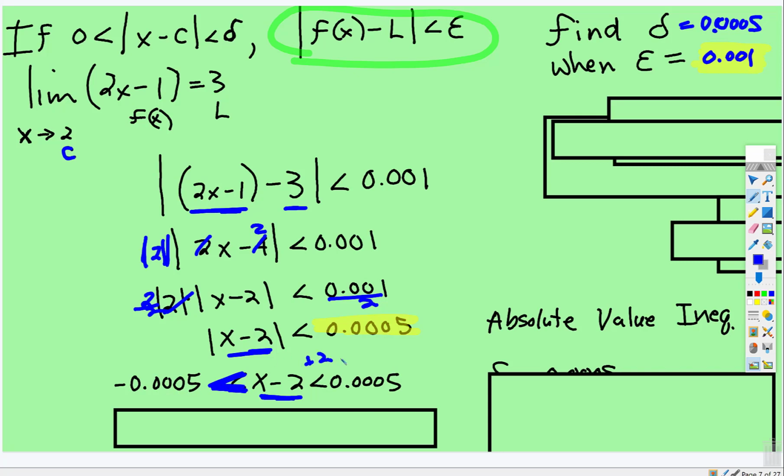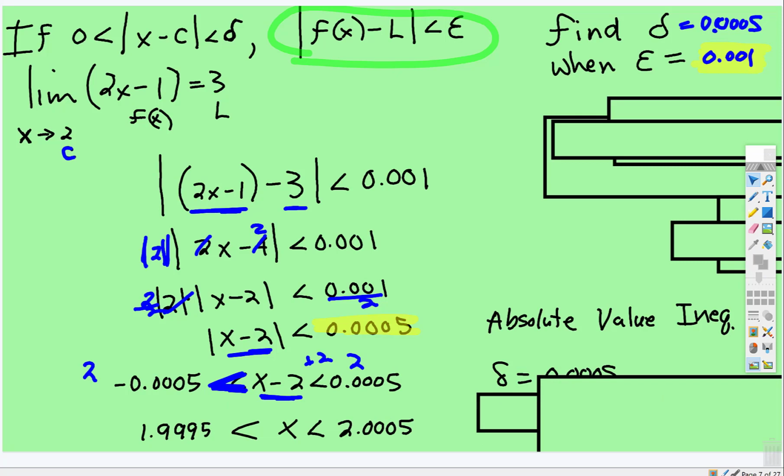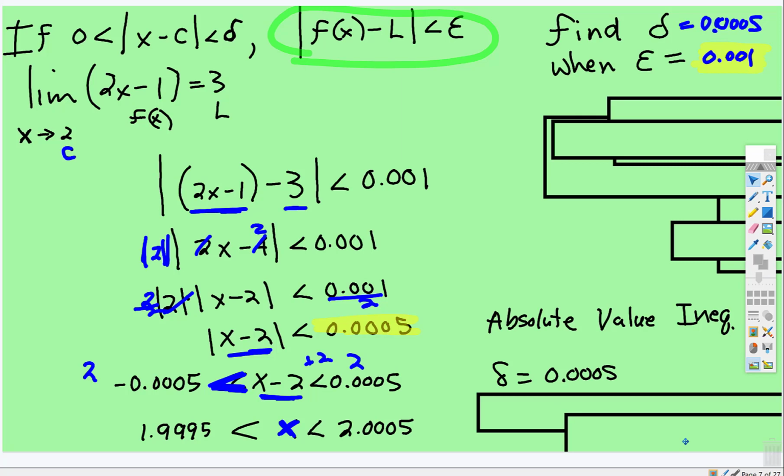So when we add 2 to both sides, the x value falls in between these two things, but our delta we already found, 0.0005.